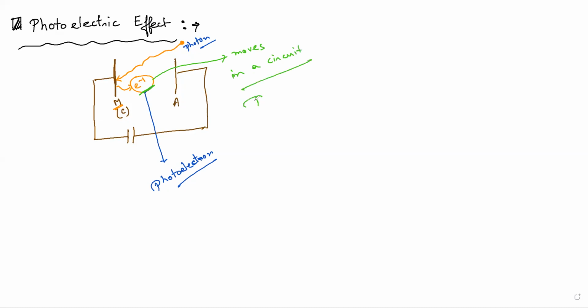And this effect is called photoelectric effect.